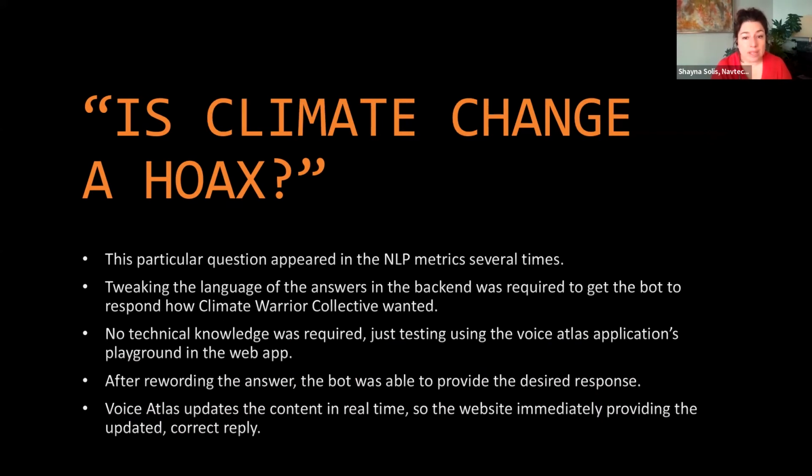And so that, again, was the light bulb that we needed to realize, wow, we are missing an opportunity with Climate Warrior Collective, with our site, not just to talk about us as an organization, but to actually provide meaningful and vetted information about climate change. We can actually combat some of the misinformation that's out there by being a real source of information.